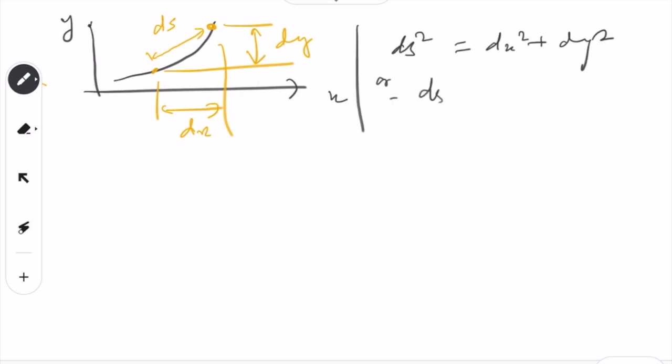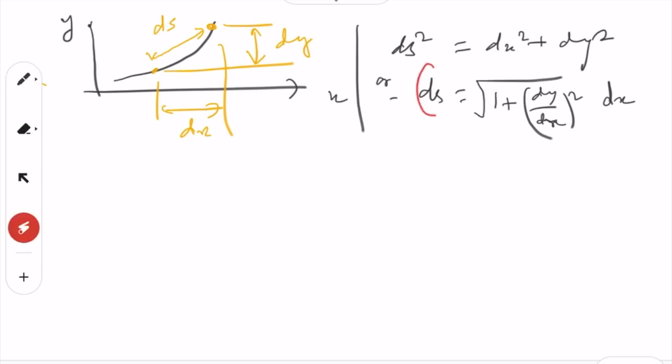Or ds equals root 1 plus dy over dx squared, times dx. So this is how ds is written, from here to here.